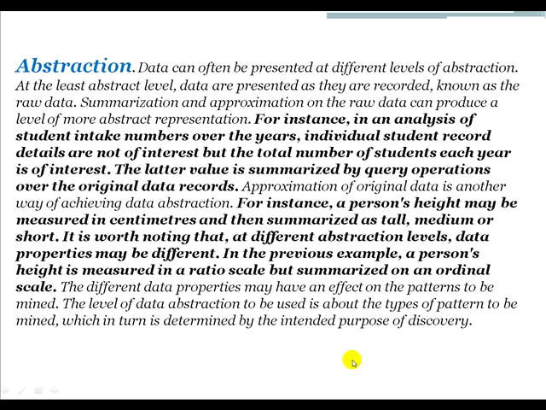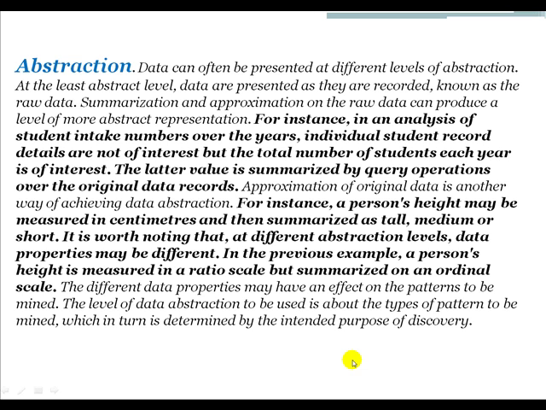Approximation of original data is another way of achieving data abstraction. For instance, a person's height may be measured in centimeters and then summarized as tall, medium, or short. So that's approximating. It's worth noting that at different abstraction levels, data properties may be different. In the previous example, a person's height is measured in a ratio scale. When you measure someone's height, that's ratio.